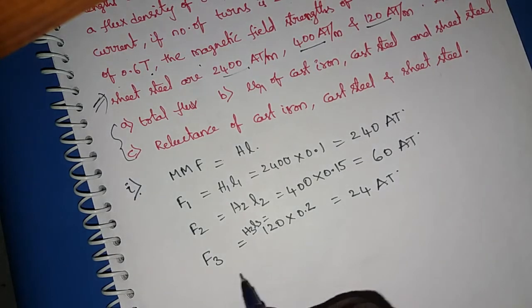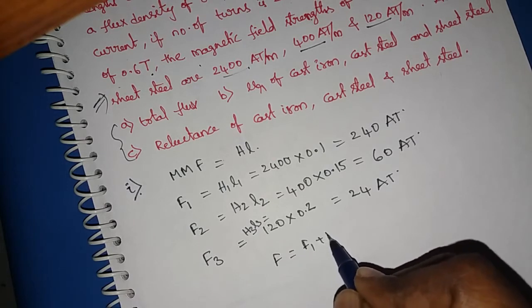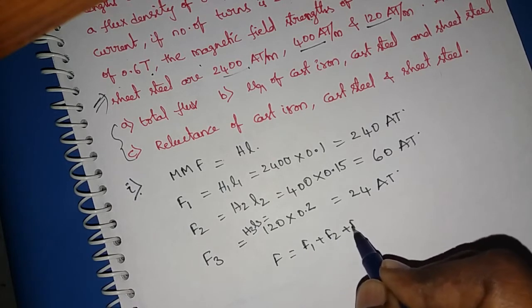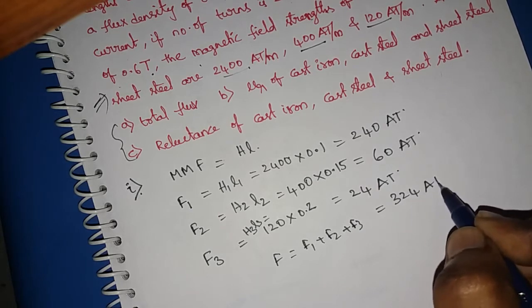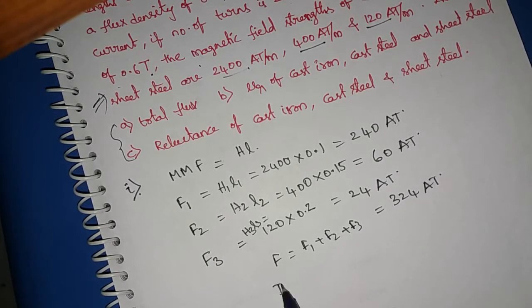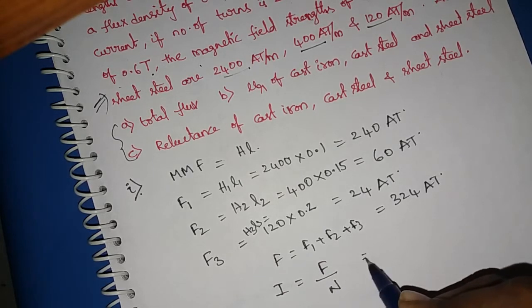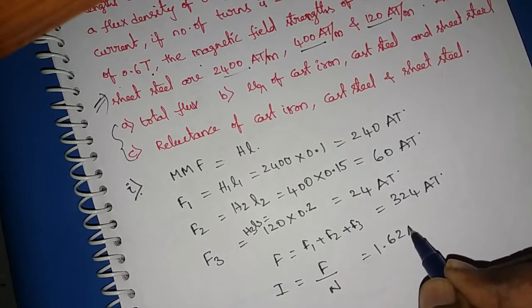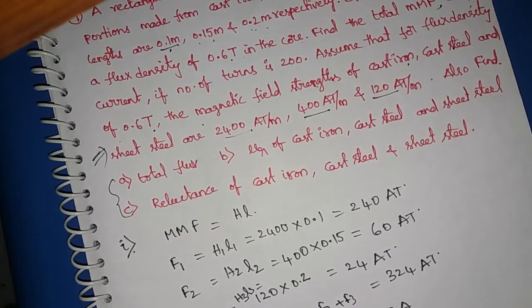Then what is the total? F is equal to F1 plus F2 plus F3, which is 324 ampere turns. Now what is the current? I is equal to F by N, which is 1.62. So we found the total MMF and the current also.